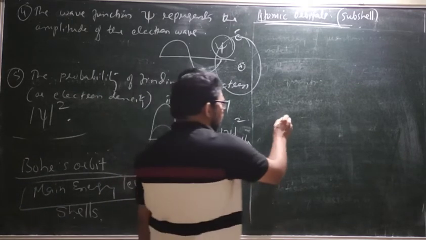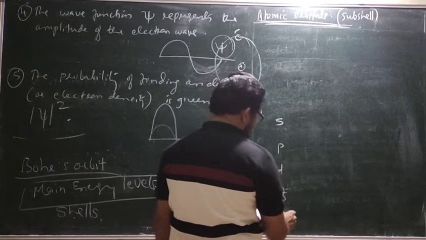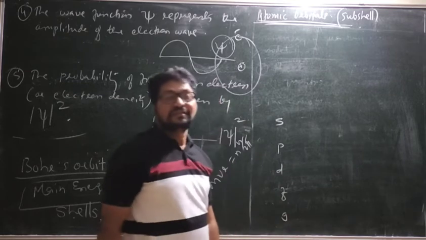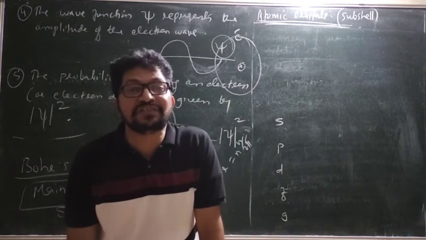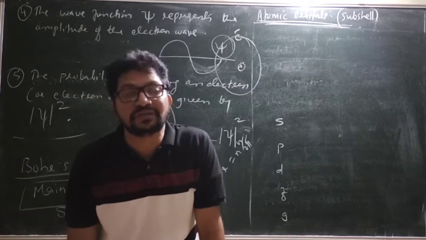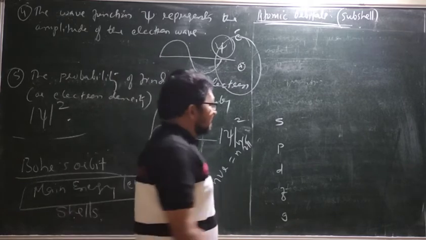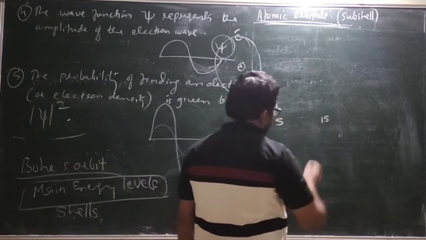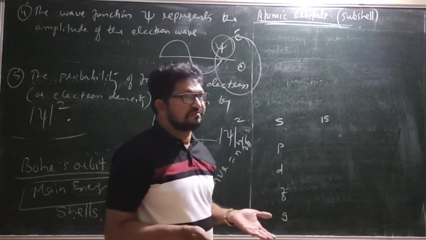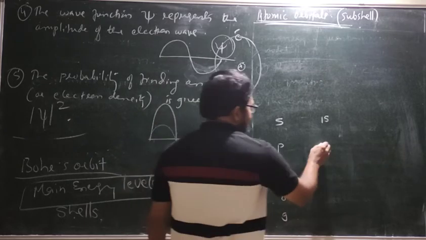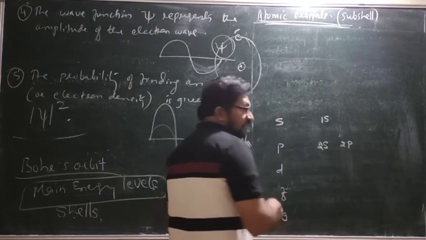They are denoted as s orbital, p orbital, d orbital, f orbital, g orbital. s, p, d, f, g is the symbol. The K shell has only one orbital, one s orbital. Next, the L shell, the second Bohr's orbit, has subshells 2s and 2p.